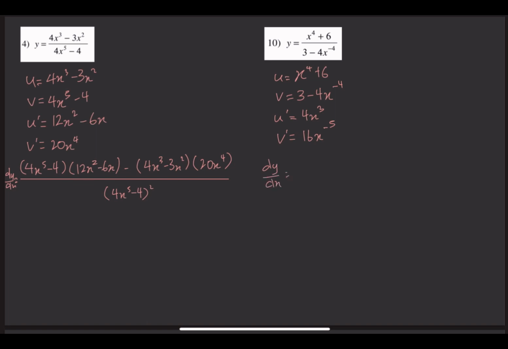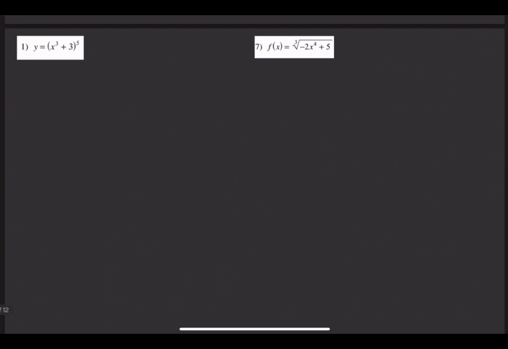Remember, take the bottom part, multiply by the derivative of the top part, minus top part, multiply the derivative of the bottom part. And then we take the bottom part squared. And as always, you can take your time to solve this because I really don't want to get too long into this video. Moving on.